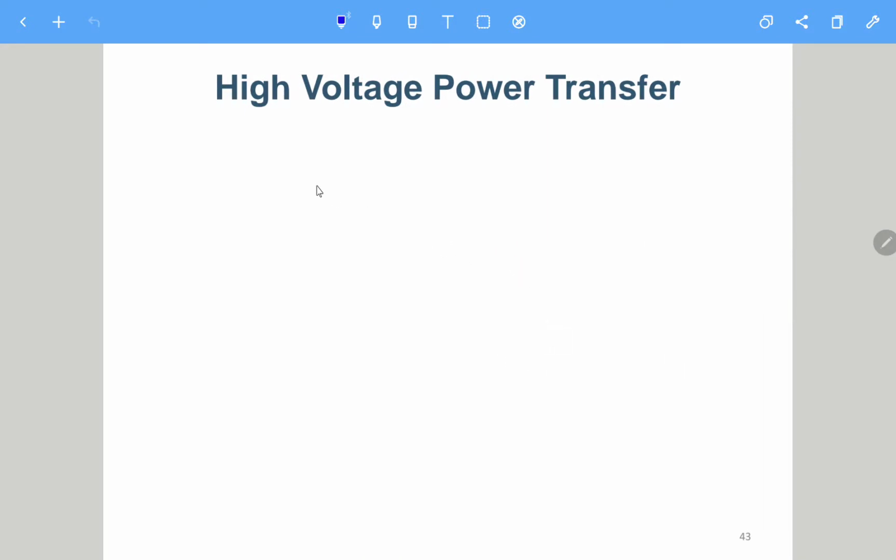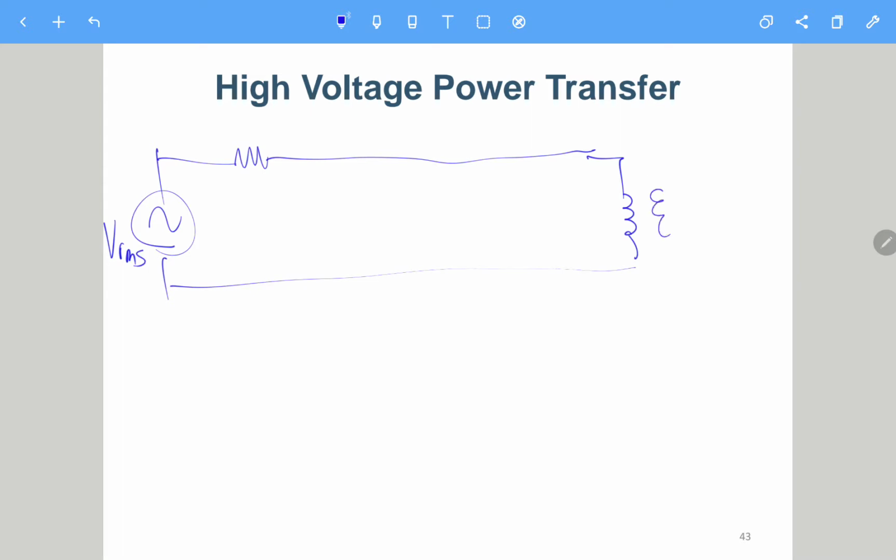But actually, this tells you why we need high voltage power transfer. This is the source from, say, the power plant, and it tries to transfer all this power to your home, and then it will use the transformer to step it down to, say, 220 volts for your home, which of course needs some kind of turn ratio Np over Ns.